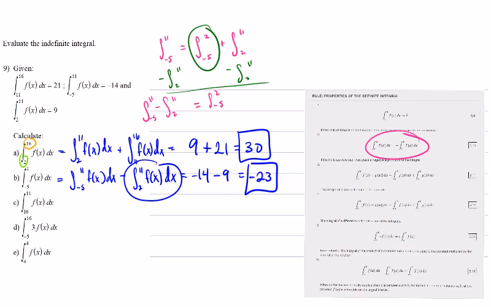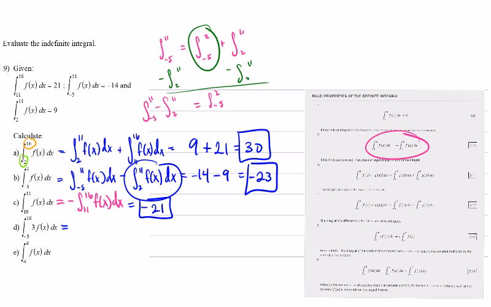So this is just going to equal the opposite of the integral from 11 to 16. Since that was 21, this will be -21. That's the answer for part C.